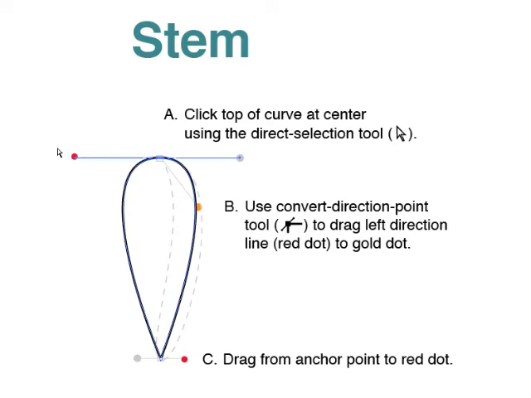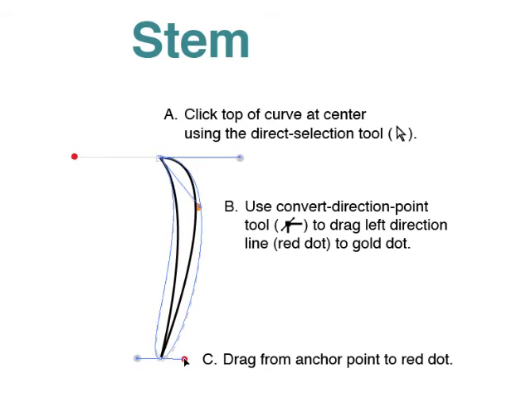So once again, converting to the convert anchor point tool by holding down the Option key, we click and drag and pull this over to indicate that direction. Similarly, down at this anchor point, I'm going to click and drag out the handles to change and modify the two curved line segments. Command click to deselect.